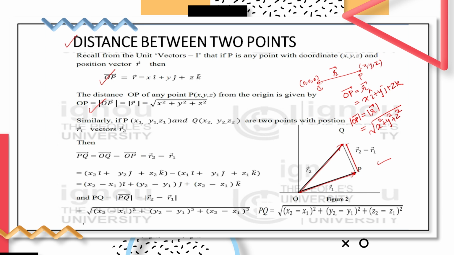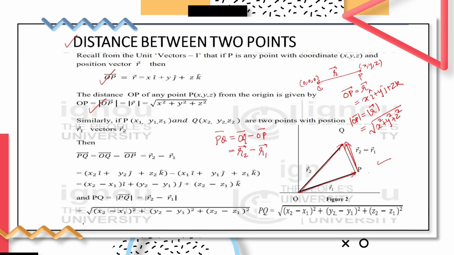Then the distance between the 2 points, that is vector PQ, will be given by the difference between vector OQ and vector OP. Vector OQ is nothing but vector R2, and vector OP is nothing but vector R1.